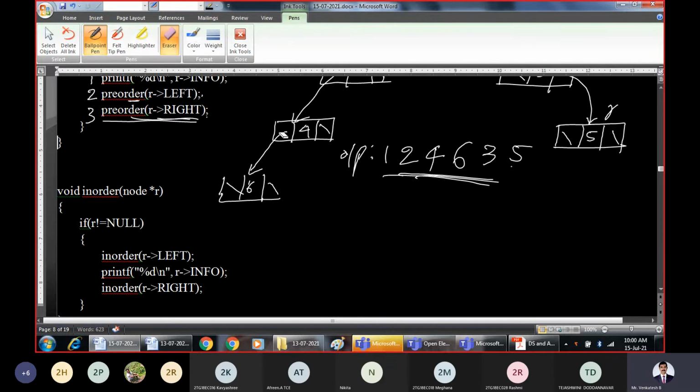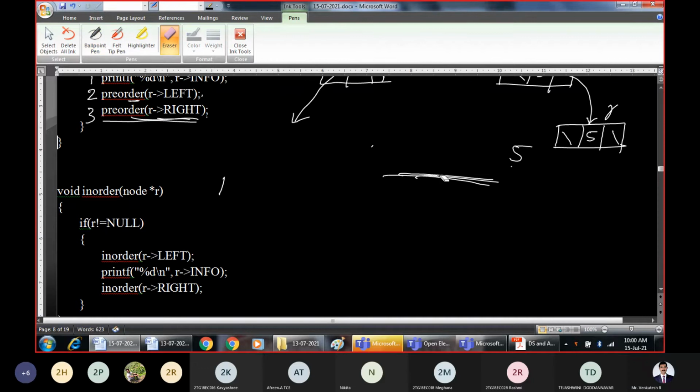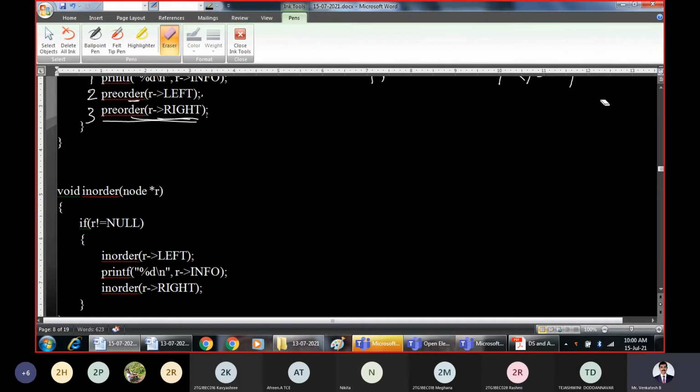Now let us see the post-order traversal. Assuming you are well versed with these notations now, the left pointer points to the left subtree and the right pointer points to the right subtree.